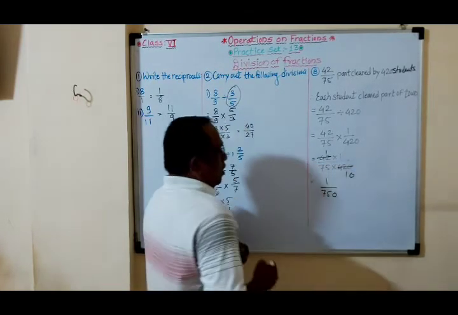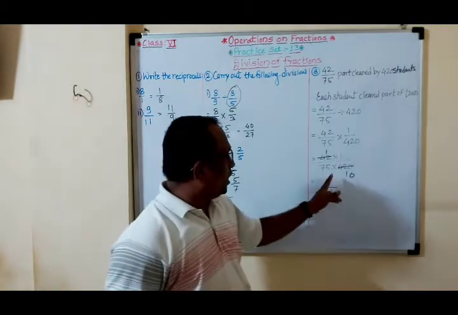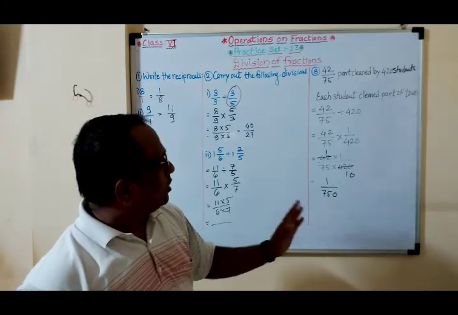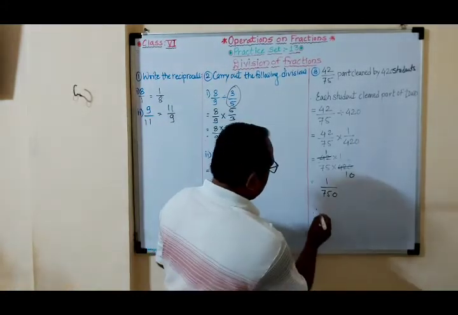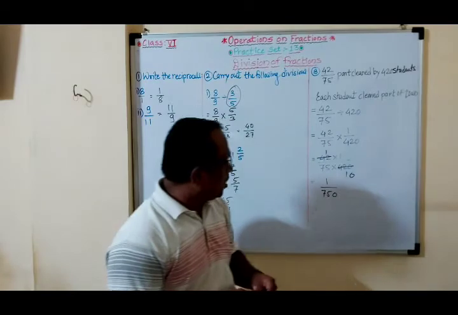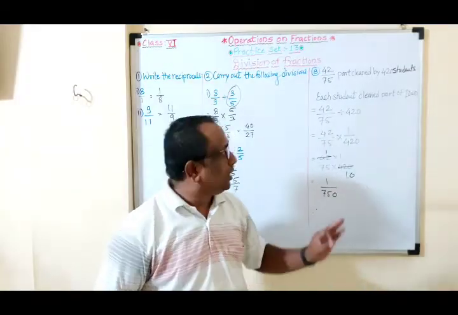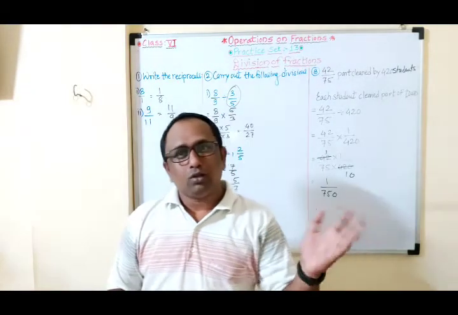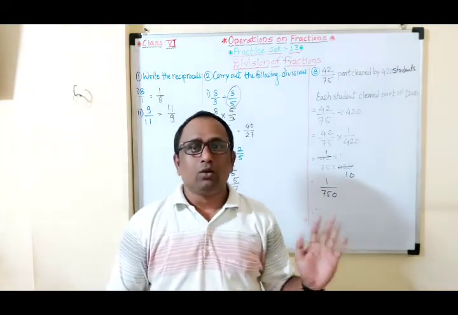So we got the answer 1 upon 750 part. You have to write: therefore each student cleaned 1 upon 750 part of the town. What is the town name? Sevagram. Okay, so the town Sevagram. This way you have to solve.